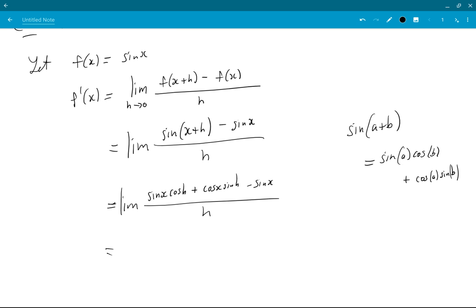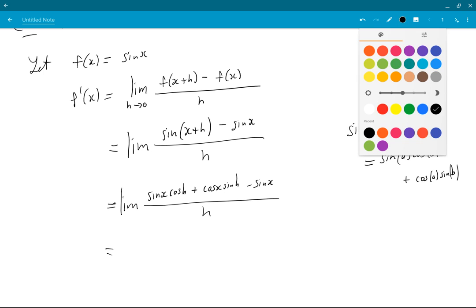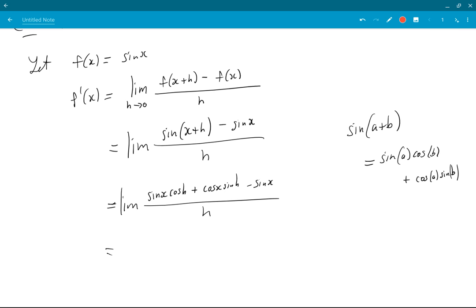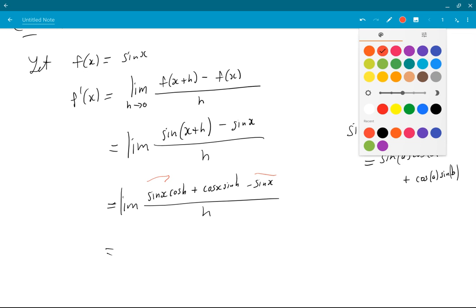Now what? That's a good question. What do I do now? I feel like I got these three terms on top. I got to arrange them in some way. Well, I got a sine x here, and I got a sine x right there. Why don't I put those two terms beside each other?